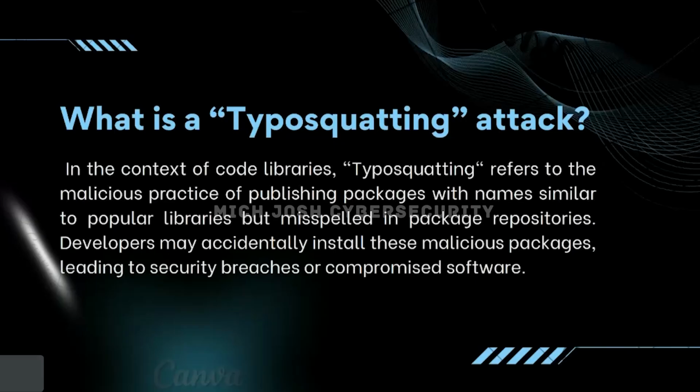PyPI is the common repository which holds Python's libraries. For example, Apple is a certain library, and at the same time there will be another one, APPL3, where instead of E, they turned it into 3, similar to phishing, right?